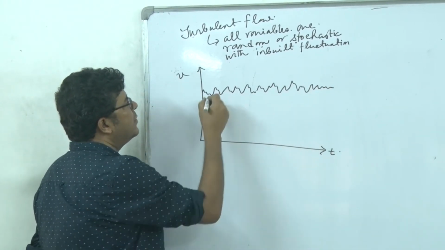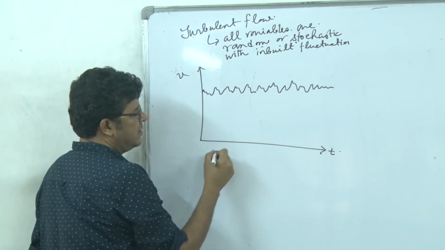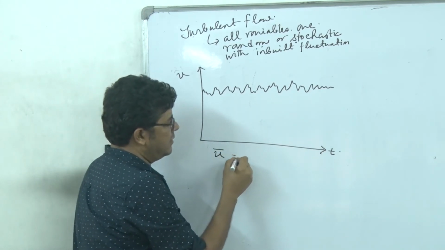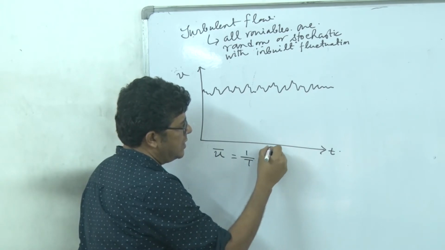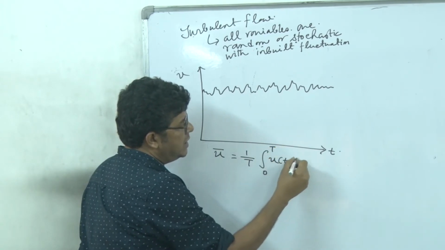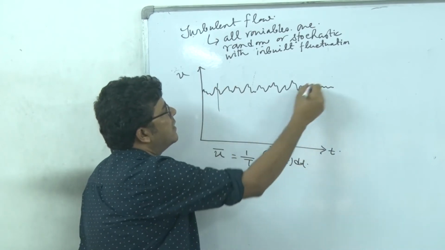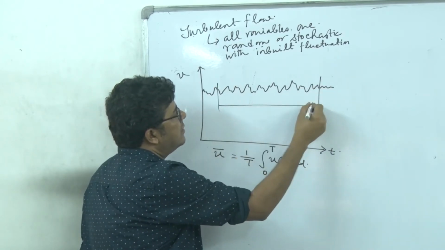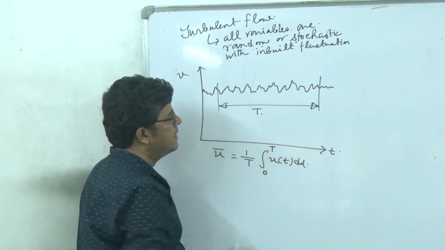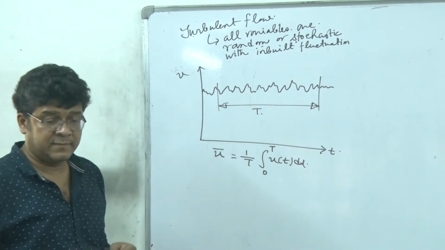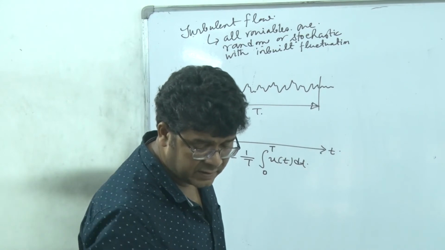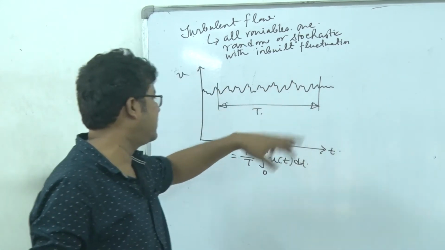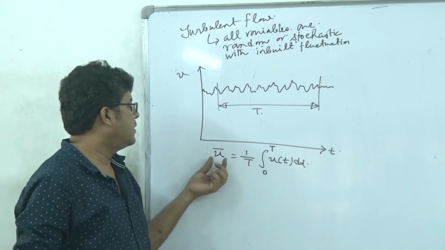So here we can get certain averaging, and we can write this average velocity will be 1 divided by T, integral from time 0 to capital T of u(t) dt. So turbulent flow is inherently unstable because all components fluctuate with time, right?